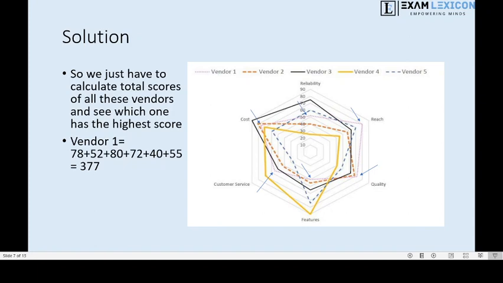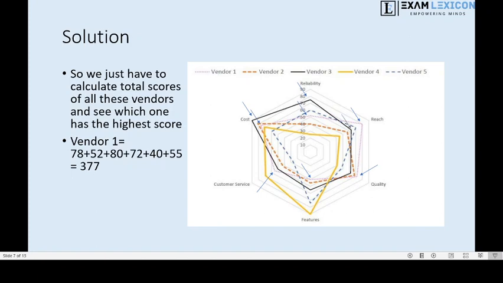Next option was vendor 3. For vendor 3, we'll again start with cost, which is exactly on 90. Then reliability, which is just above the middle, so we'll take it to be around 76, the middle of 70 and 80.